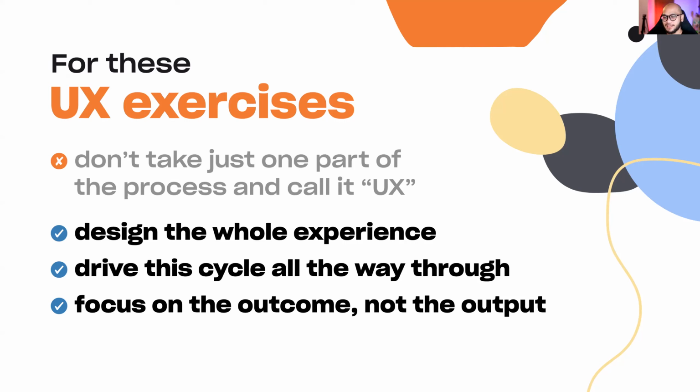So what do I mean by outcome and output? An output is a website. An output might be your application itself. The outcome is the problem that was solved by that medium or that artifact that you created. So say for example, if you want to buy a bike, you don't really want the bike.